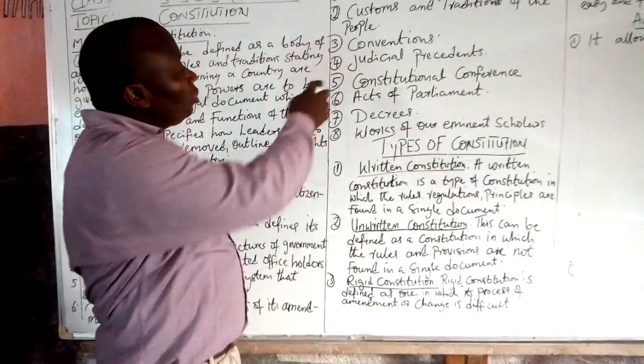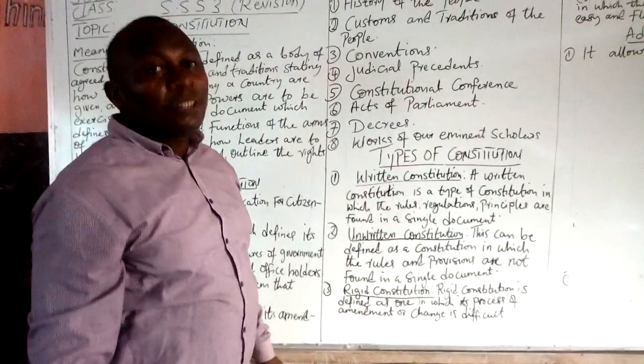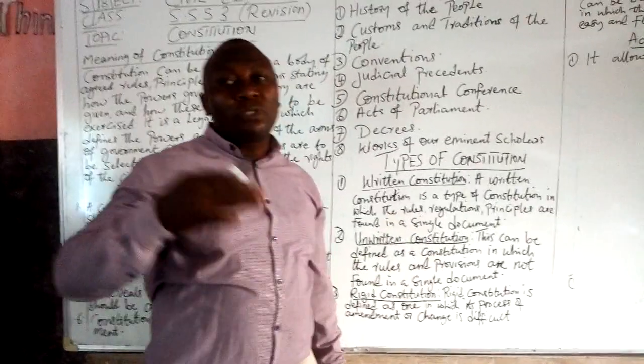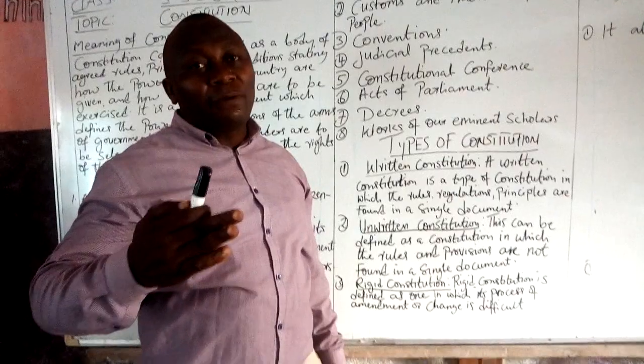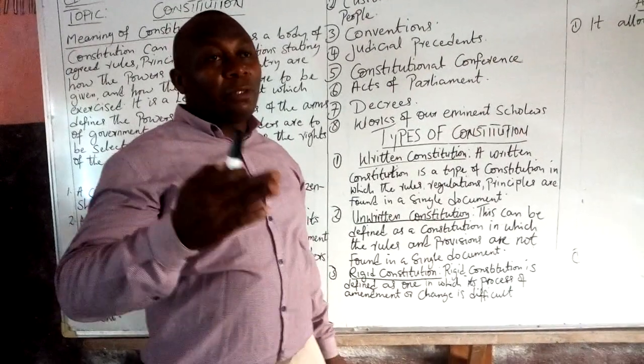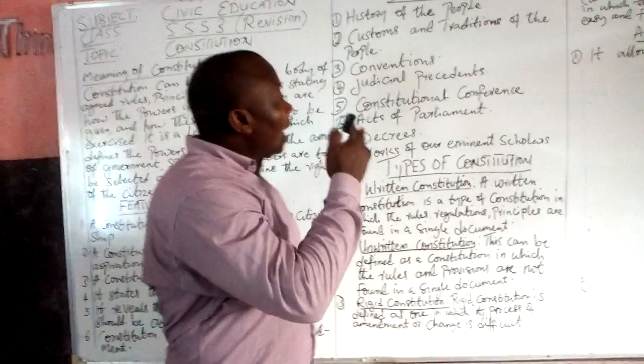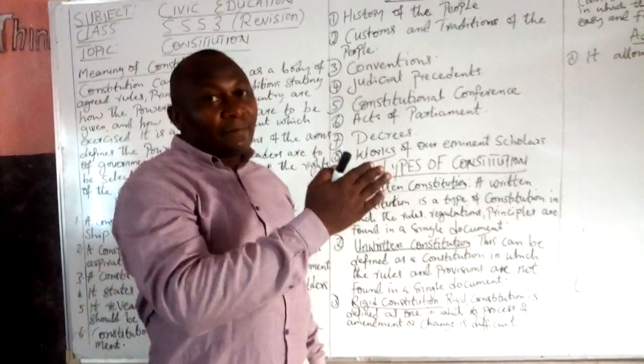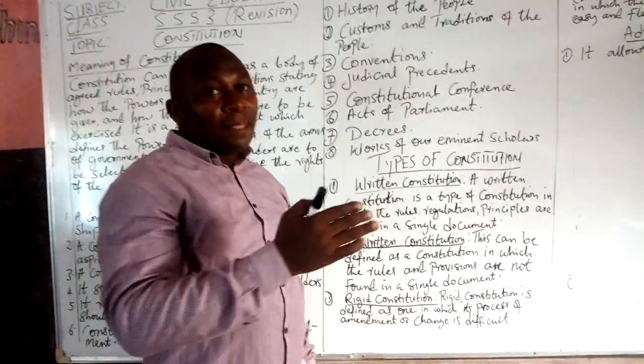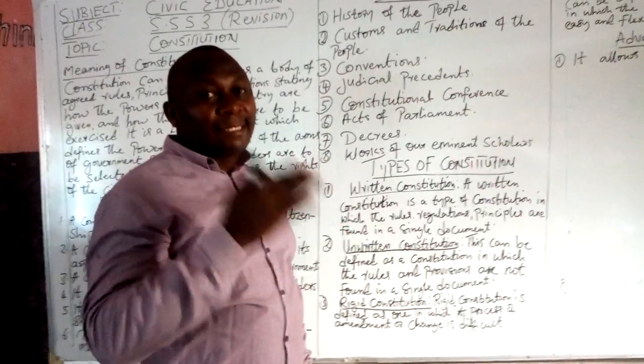Another one is judicial precedent. What is judicial precedent? Judicial precedent are those outcomes from a law court. Some of the decisions the judges have made, some of the court cases that have stood the test of time, that can stand as an example.